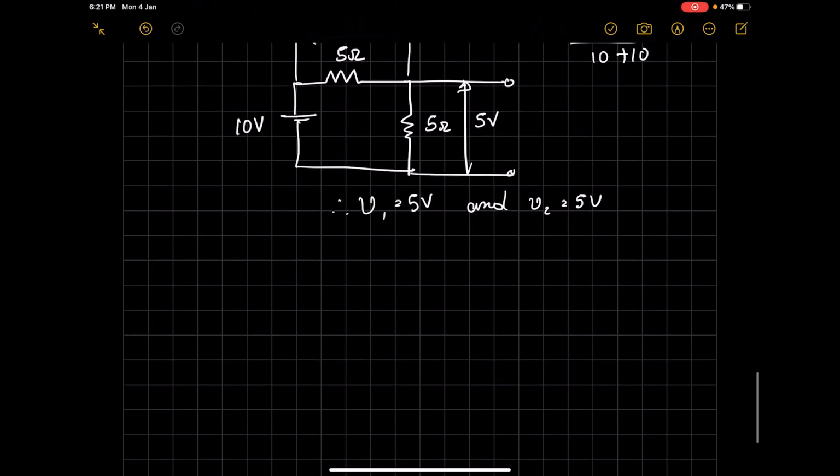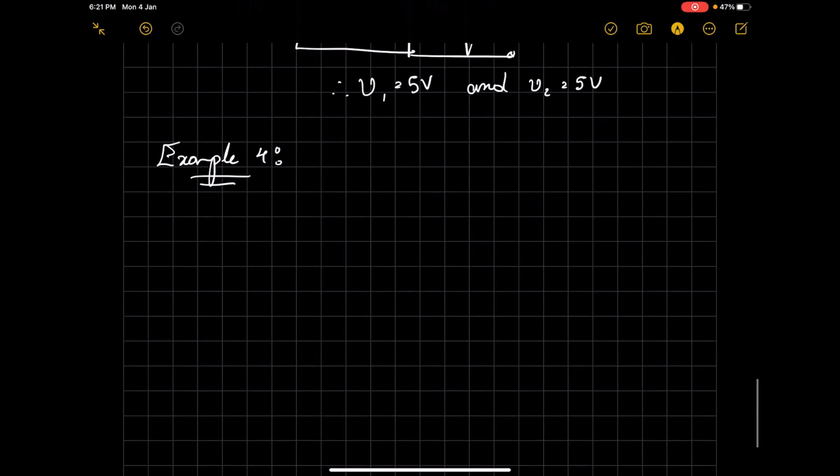Let's see a last example. Example 4. We'll take a much more complex one here.